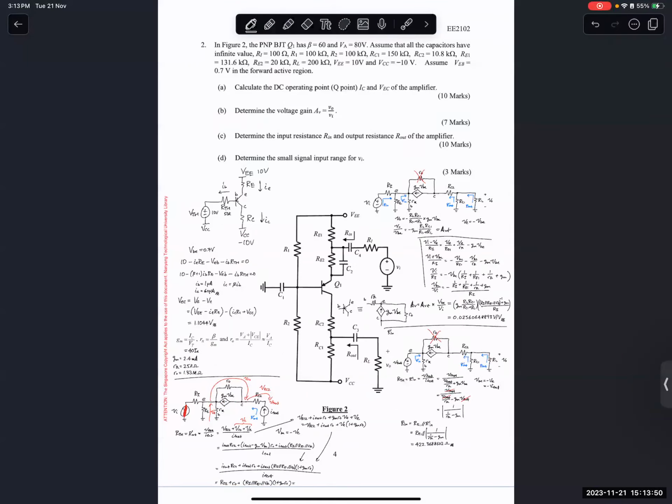Then I need to add those in parallel. RI is 100. RE1 is 21.6 kilo inverse plus R pi. Okay, so now we got the answer.